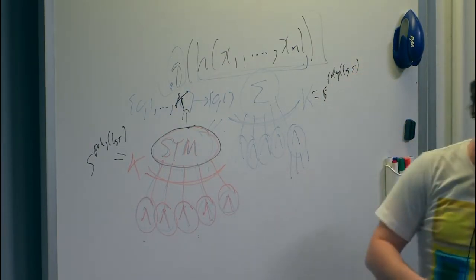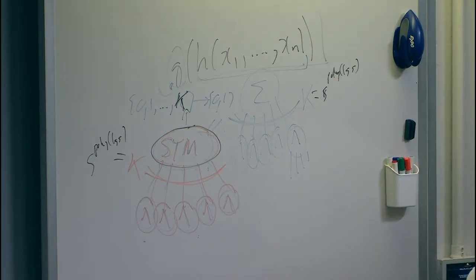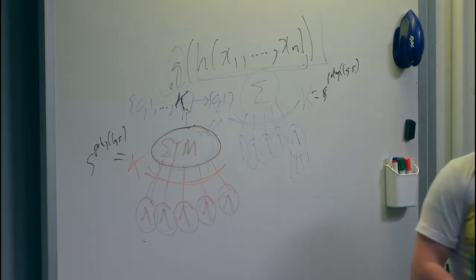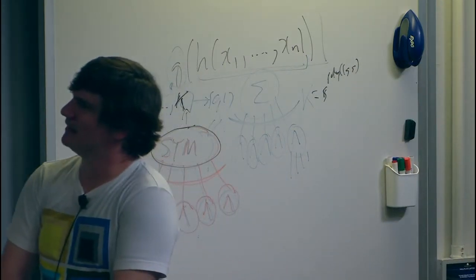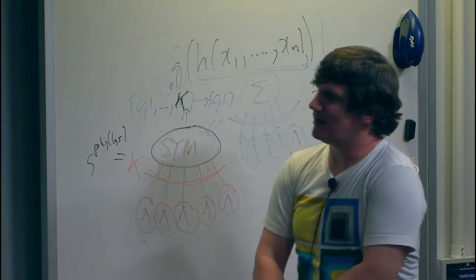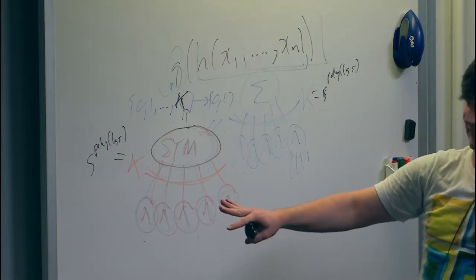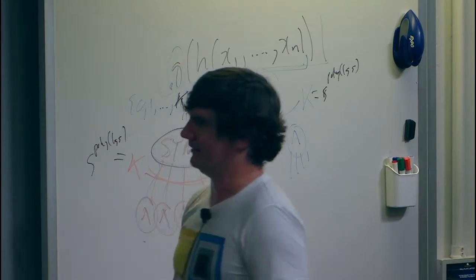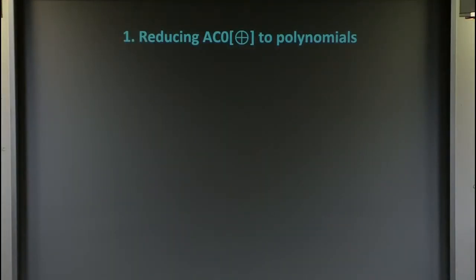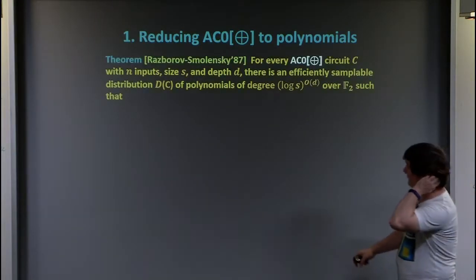So let me give a little more detail about this Razborov-Smolensky distribution, because it's not too hard to fit the whole thing on a slide and sort of understand it, but at the same time it's very subtle, and people are still toying with it and working out its consequences. So here's the theorem again.